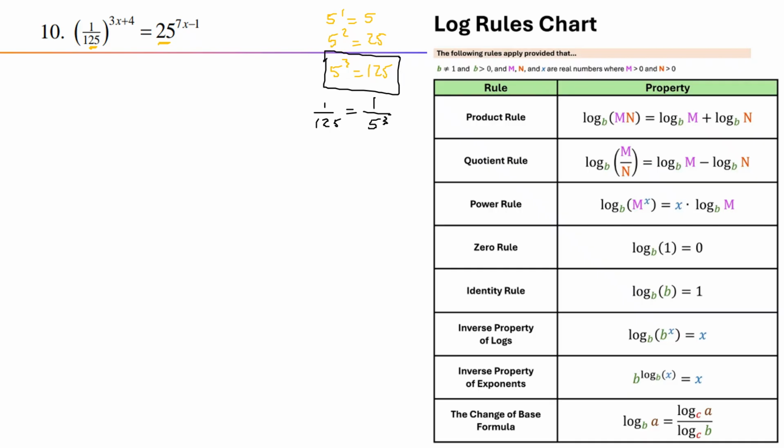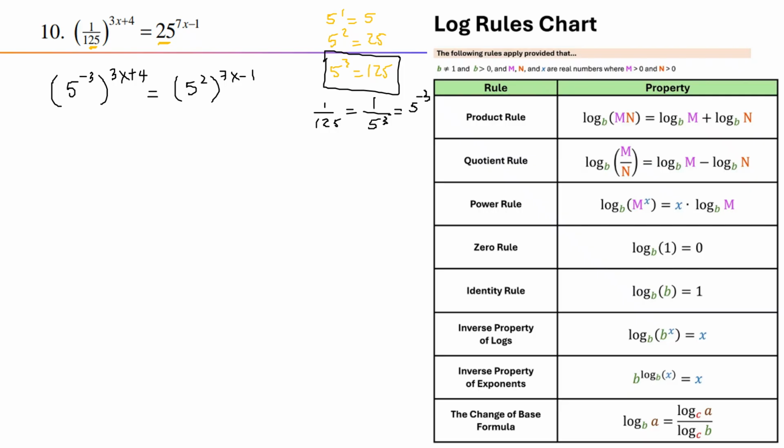Okay, so remember that we can rewrite this one as 5 to the power of negative 3. Alright, so we will rewrite this, okay, 5 to the power of negative 3 times 3x plus 4 is the original question. Now 25 is 5 squared, so 5 squared inside parenthesis, outside still 7x minus 1.